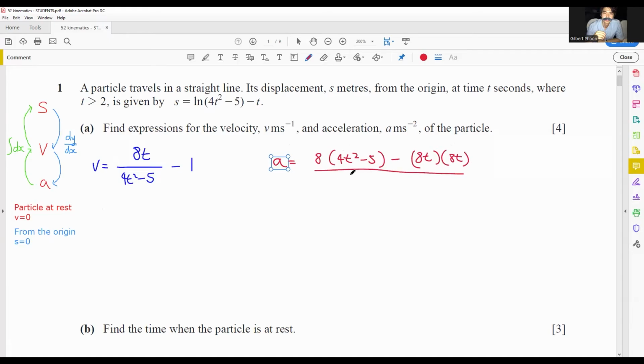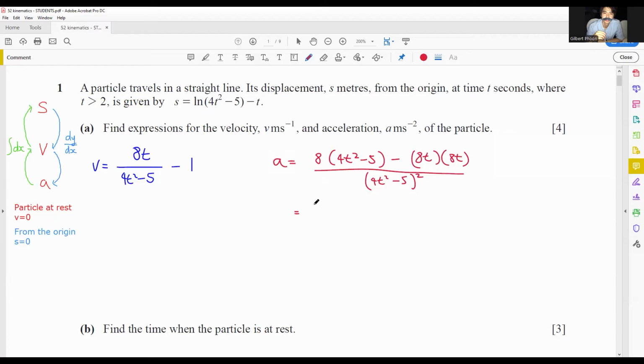This value over the bottom squared, (4t² − 5)², and then differentiating 1, you get nothing. So this will be your acceleration formula. From here, all you have to do is expand and simplify it.